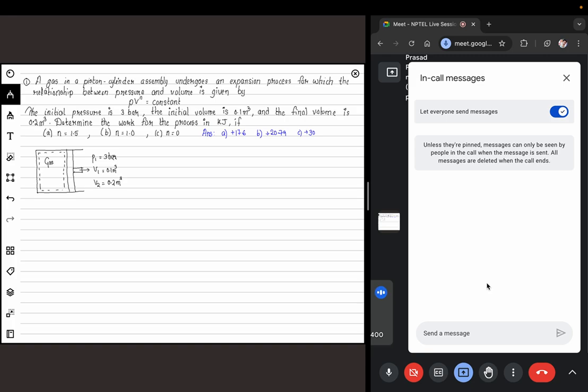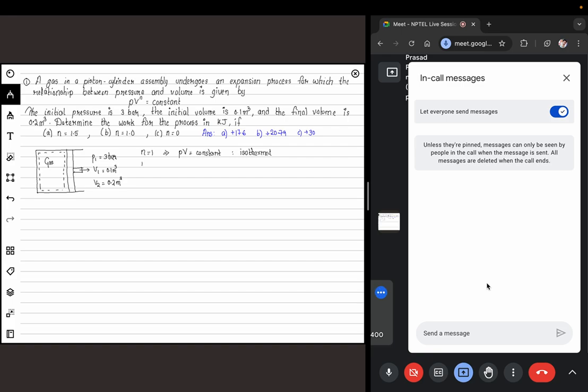So what are these different processes? If you consider n equal to 1, that is PV equals constant. So what is this process? That is an isothermal process.